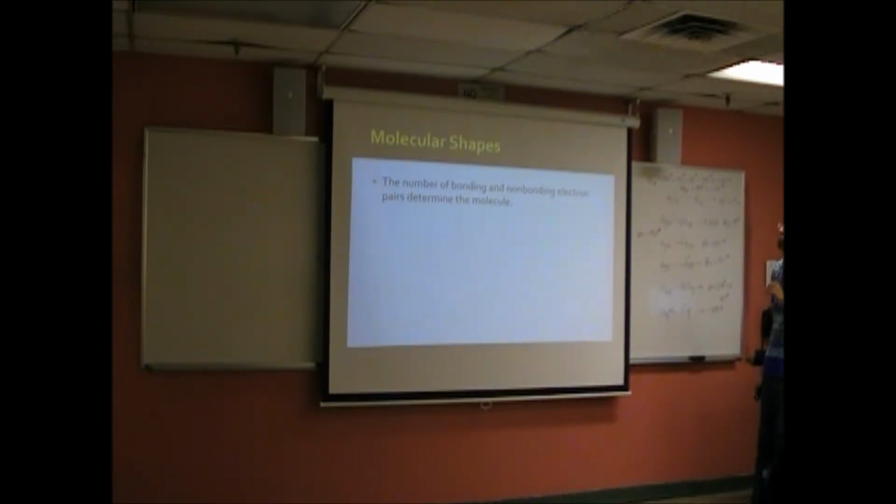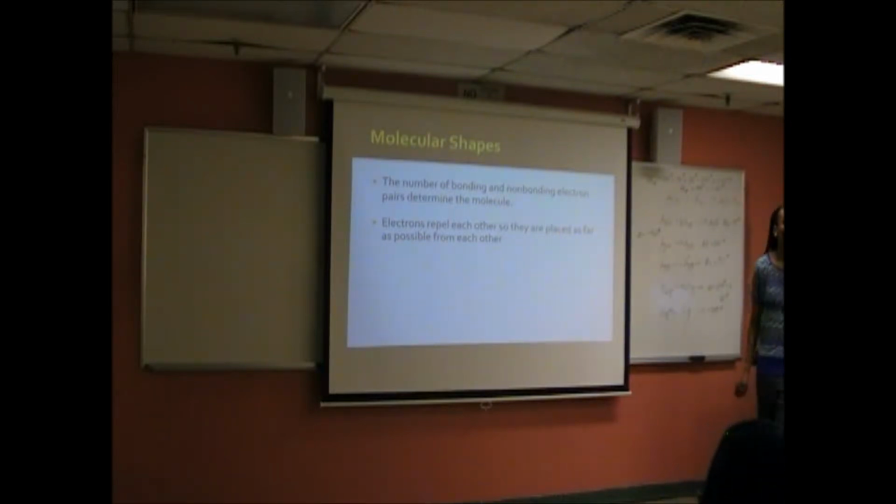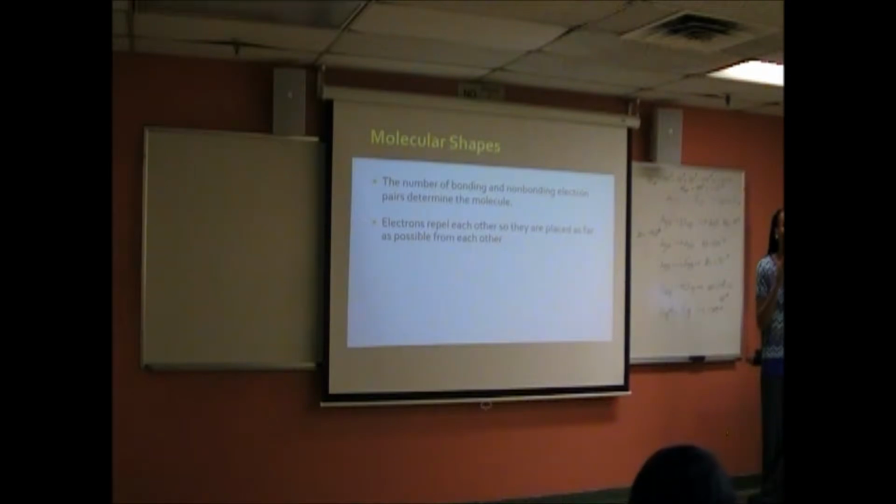What we need to know is that when electrons, even if they're in a bond, come near each other, they're going to repel each other. So the electrons in your bond have to situate themselves at a particular angle that is going to minimize the amount of repulsion that they feel.